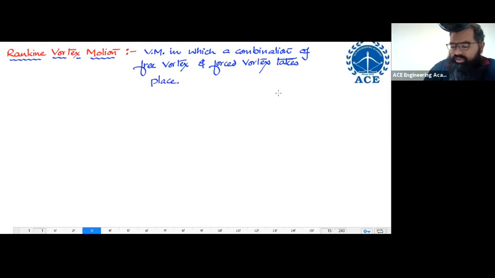A vortex motion in which a combination of free vortex and forced vortex takes place, that is called as Rankine vortex motion.